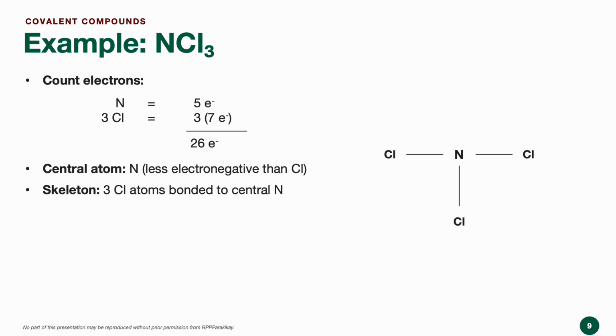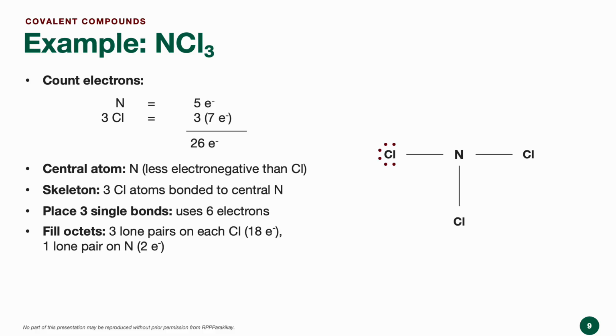Step 5, distribute those 20 electrons as lone pairs, 3 per chlorine to complete each of their octets. Doing that, we consume 18 electrons, leaving exactly 2 electrons, which become the final lone pair on the nitrogen atom.